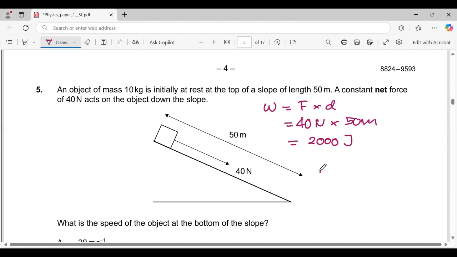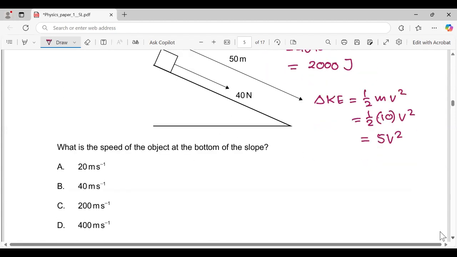The change of kinetic energy is delta KE. The formula is 1/2 mv squared, or 1/2 times 10 kg times v squared becomes 5 v squared.